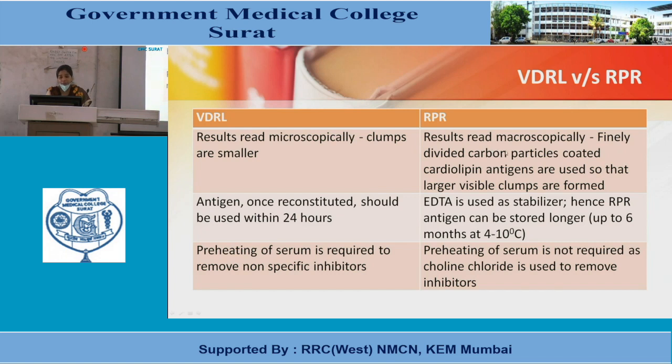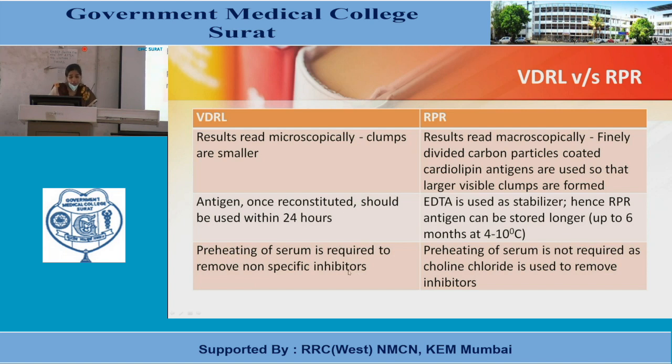Finely divided carbon particles coated with cardiolipin antigen are used so that large visible clumps are formed. Second, the VDRL antigen, once reconstituted, should be used within 24 hours. Over here in RPR, EDTA is used as a stabilizer. Hence, RPR antigen can be stored longer, up to 6 months at 4 to 10 degrees Celsius. So, this is very useful.